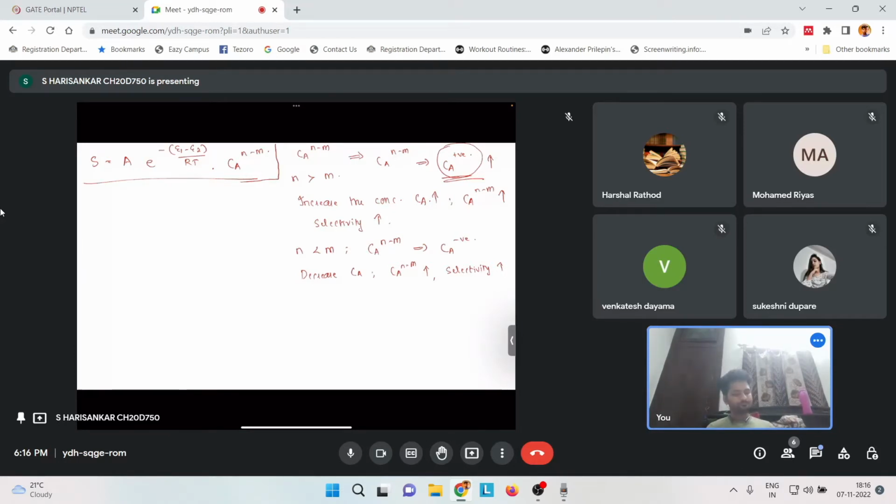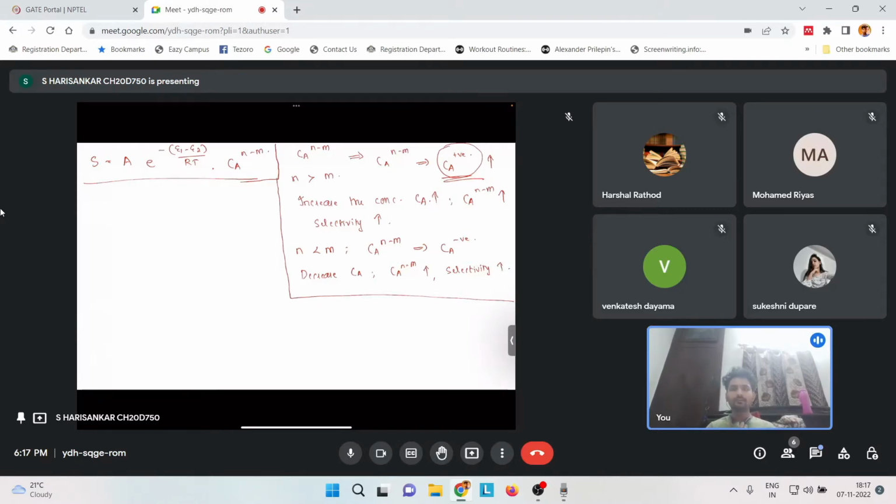Now this is how you can manipulate the selectivity by changing the concentration. Now we can do the same by changing the temperature as well, because here E1 and E2, the activation energy for a given reaction, will always remain constant, right?